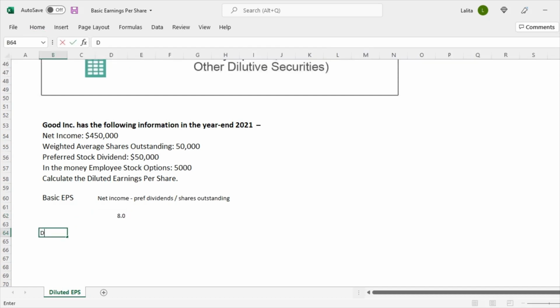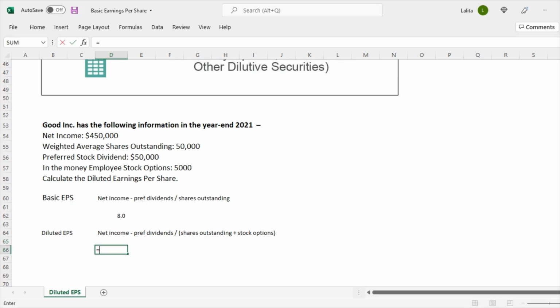Let's calculate the diluted EPS now. The formula for diluted EPS in this case will be net income minus preferred dividends divided by your shares outstanding, and since we have only one dilutive security, that is in the money stock options, we'll write this as stock options dilution.